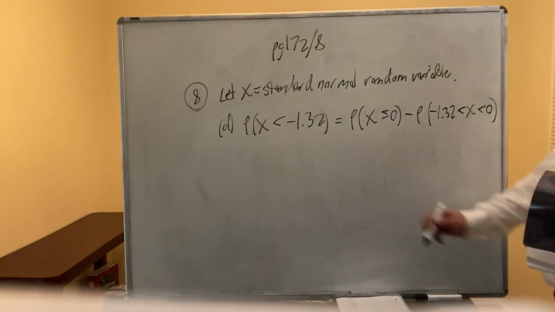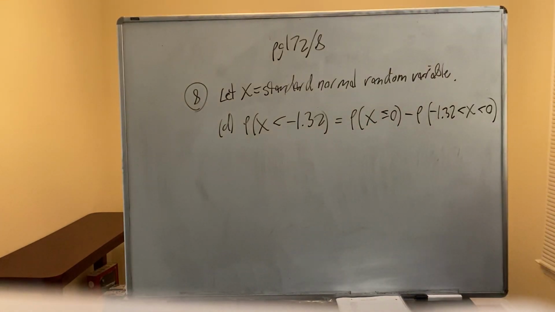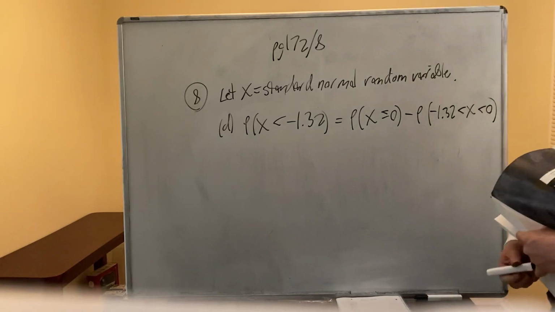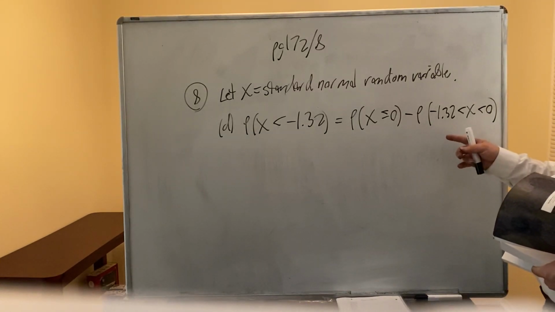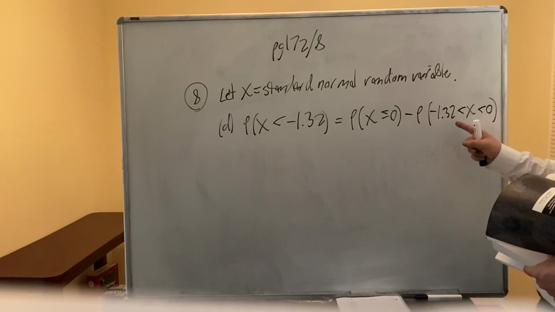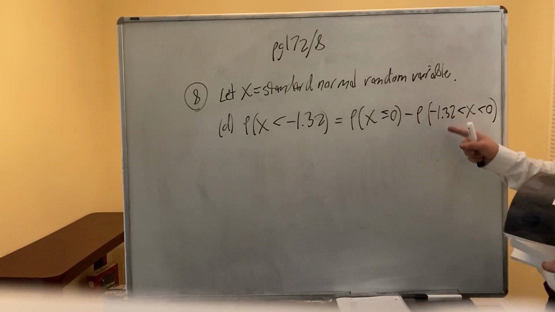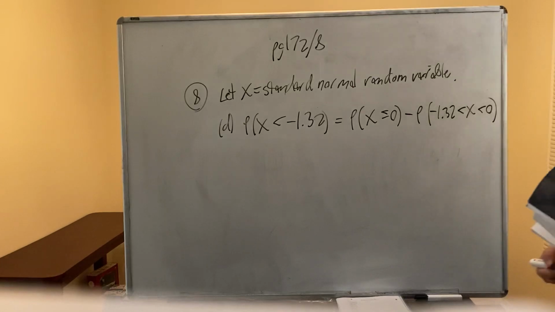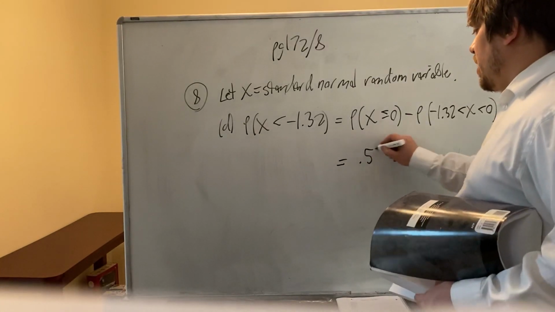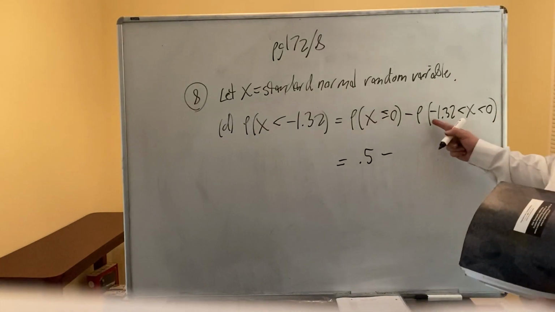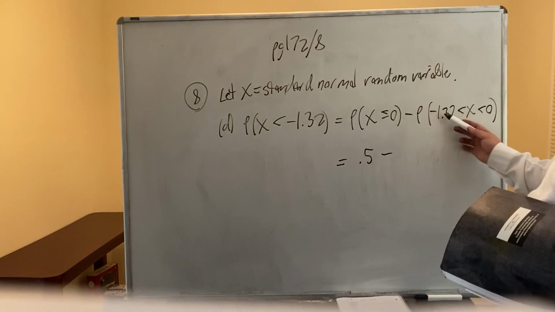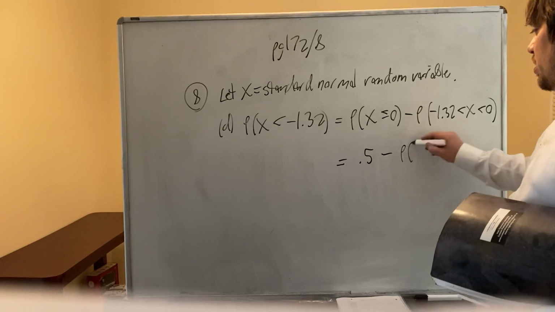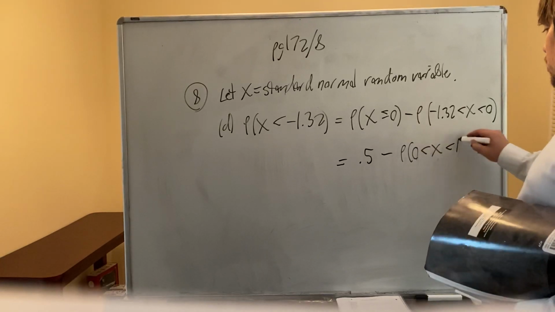Okay, so the probability that X is less than negative 1.32 is the probability that it's less than or equal to 0 minus the probability that it's less than 0 and greater than negative 1.32. And so this is equal to 0.5 minus that. Now, there's symmetry, which means instead of going from negative 1.32 to 0, you can say it's the probability from 0 to 1.32.